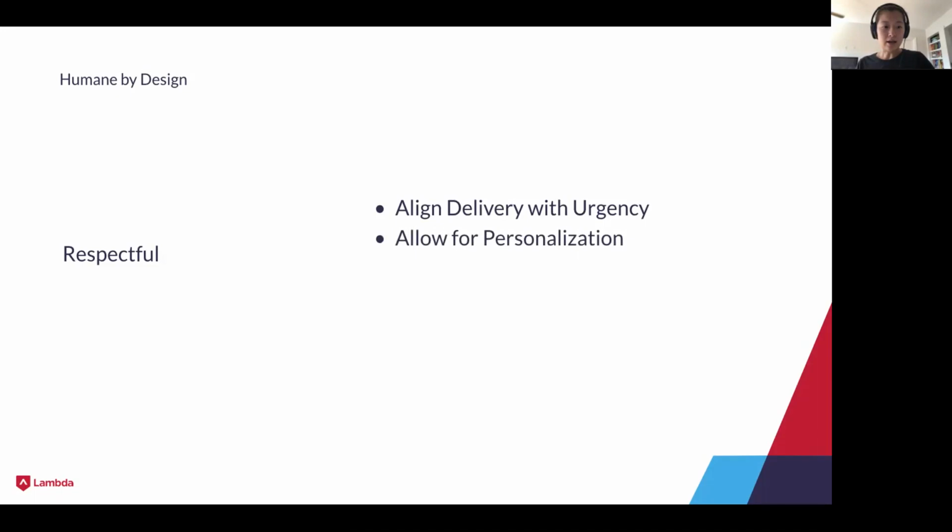And then the second piece that we have is allowing for personalization. So thinking about the ability to customize your experience based on what you feel most comfortable with, being able to create this experience where it's allowing you to feel like you have control.